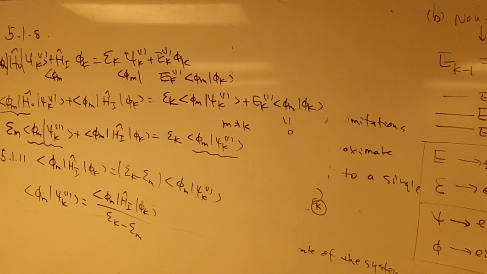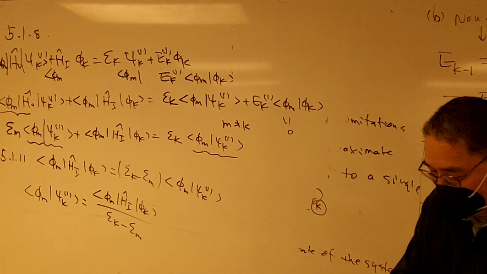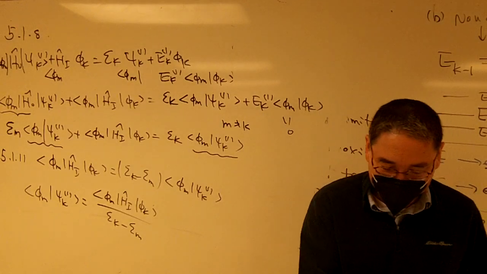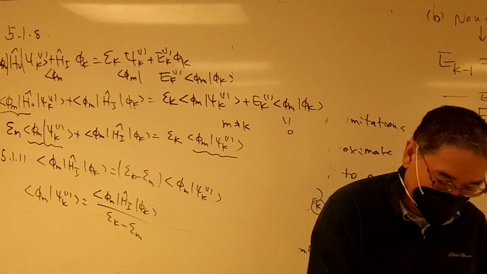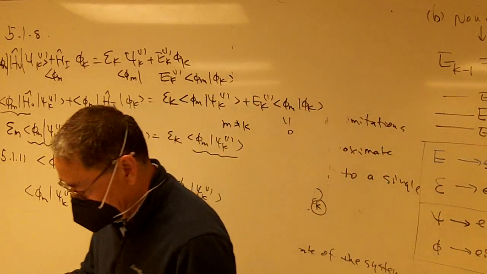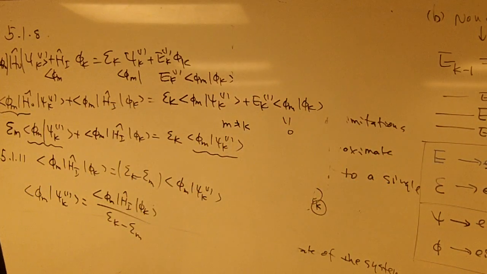What was that? This represents what? Yes, exactly. This represents an overlap between psi k to first order and phi sub m, and it means that the first order perturbed wave function has contributions from eigenstates other than phi sub k.